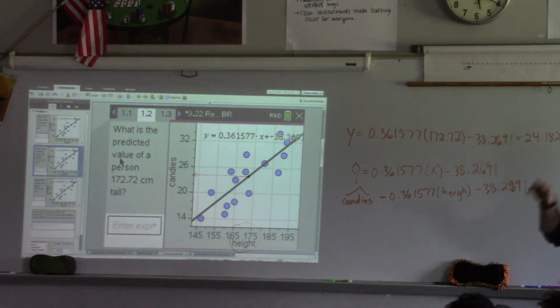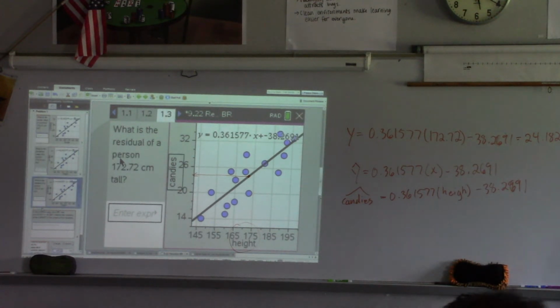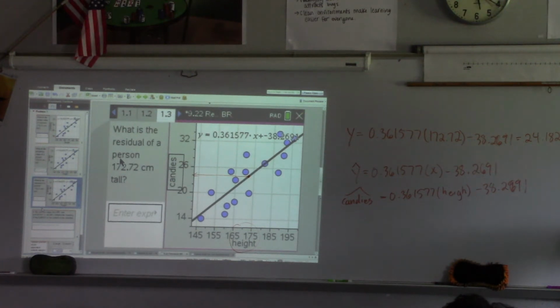Okay, so we've got a predicted, we've got an actual. So what are we going to do in order to calculate the residual? I must subtract the actual from the predicted, so predicted minus, no, I mean actual minus predicted. So I need everyone engaged in this.